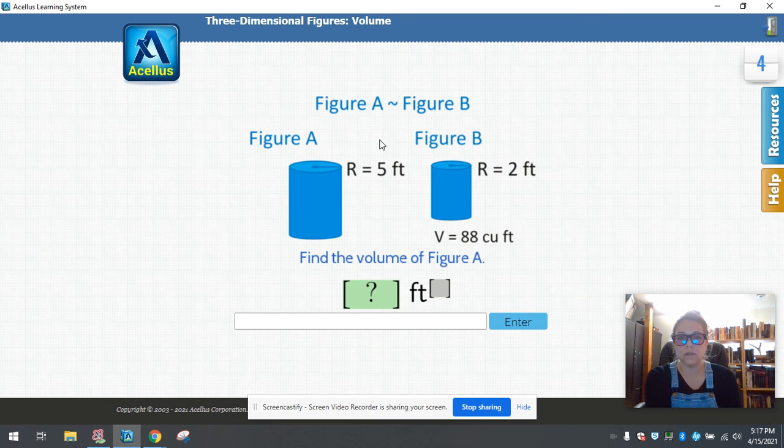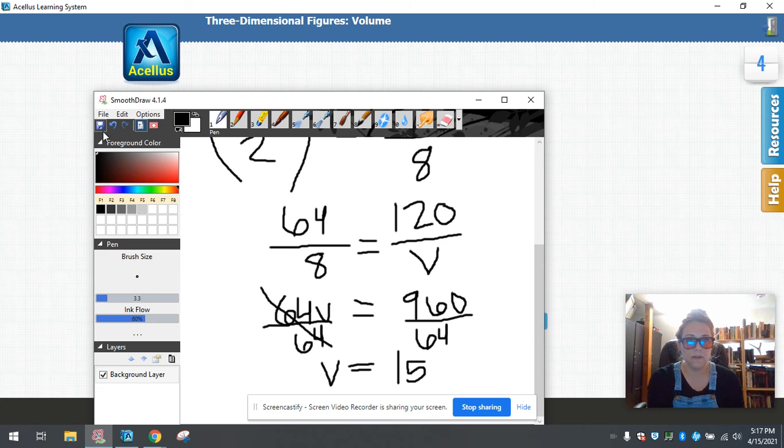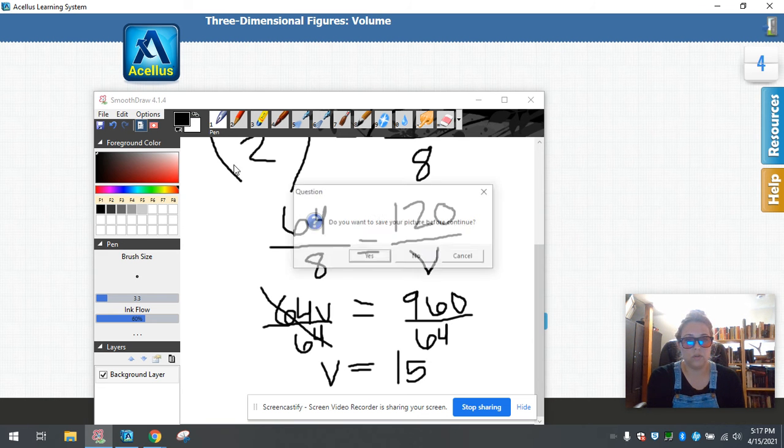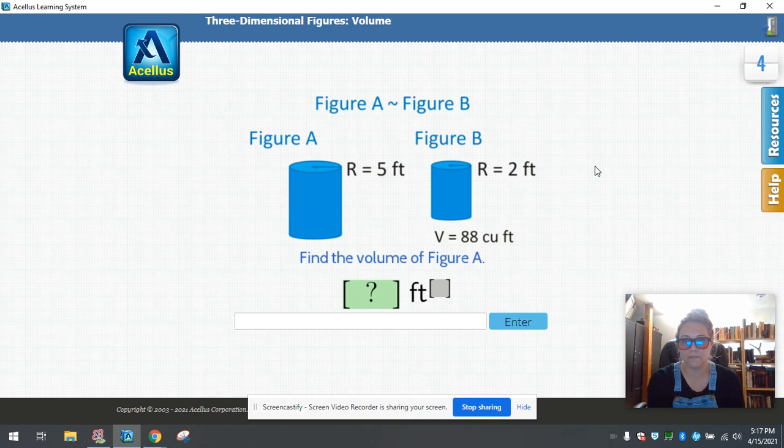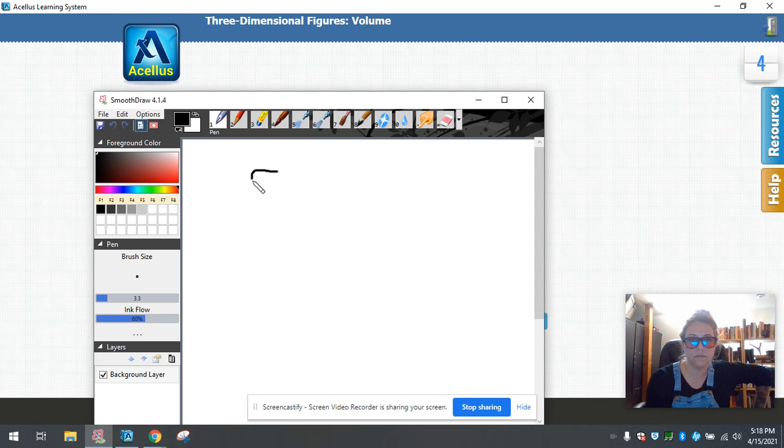Okay, now we know the volume of this cylinder, the little one, and we have some corresponding sides. So let's set up a proportional equation. So my corresponding sides, I'm going to put my bigger one on top and my smaller one on the bottom again. 5/2.